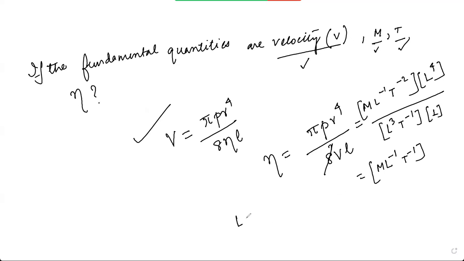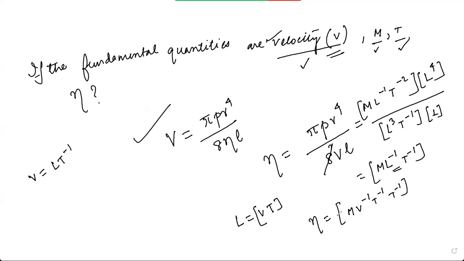But L equals V into T, because we have to express this in terms of velocity, which is a fundamental quantity here, not derived. If velocity were a derived quantity, we could write V as L T to the power minus 1. But actually here velocity is a fundamental quantity, not a derived one, so we have to express this in terms of V. So L is V into T. Now eta equals M V to the power minus 1 T to the power minus 1 into T to the power minus 1.